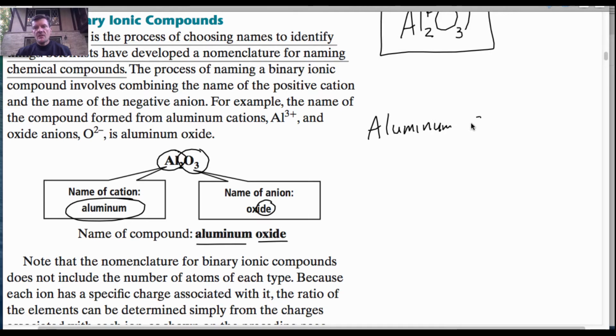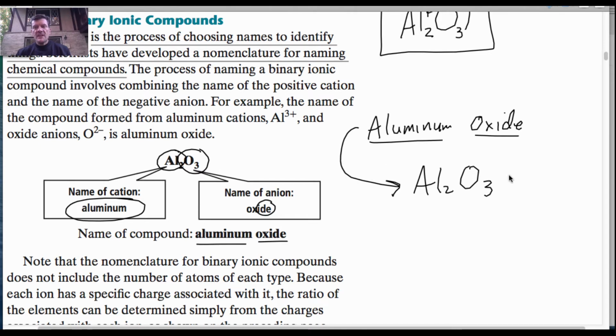Now, from this name, I can also come up with a formula. You should be able to, if I give you the name of an ionic compound, come up with a formula. If I give you the formula, you should be able to come up with a name. Okay? In an ionic compound, I do not have to tell you in this name how many of the atoms there are of each, because you figure it out from the charges.